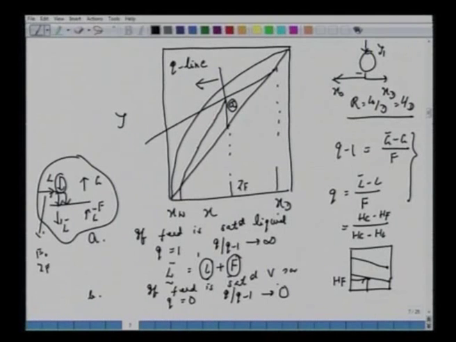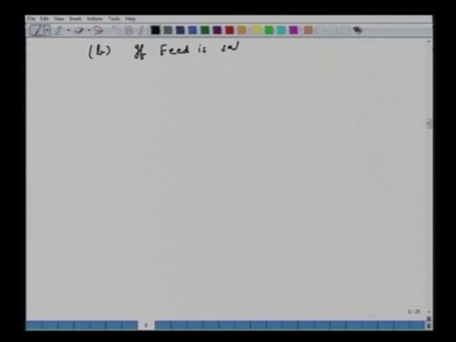Which means from here, if we draw this line, the ZF line, then this line will go horizontally. All right, so let's redraw case B, where the feed is saturated vapor.